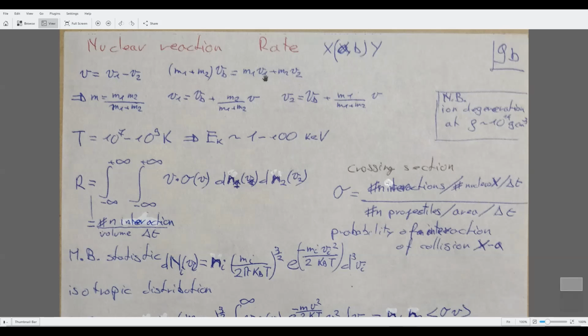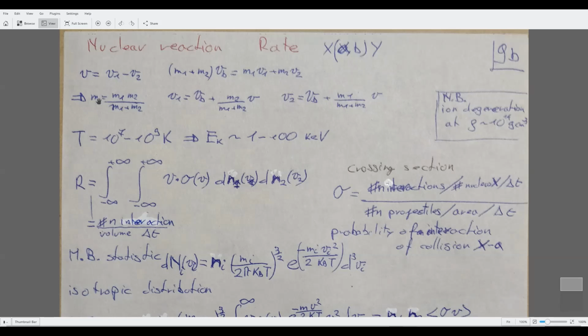As normal, we consider the usual particle X as target, and a particle A producing a main particle Y with emitted particle B. I have the two particles we are considering in the relative velocity, the velocity of the barycenter. The classical M here is the reduced mass.